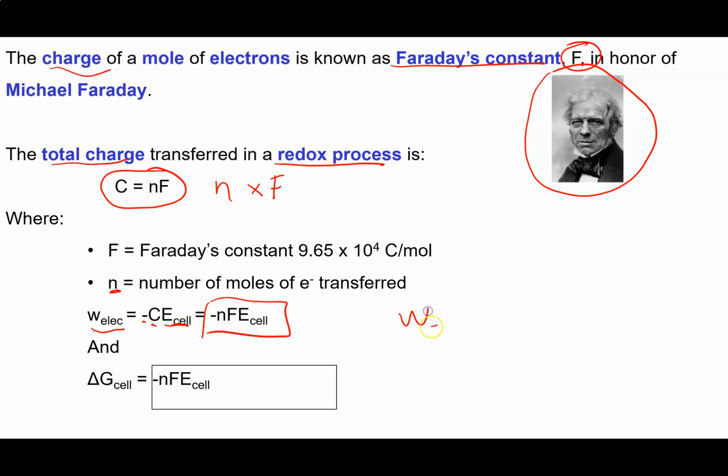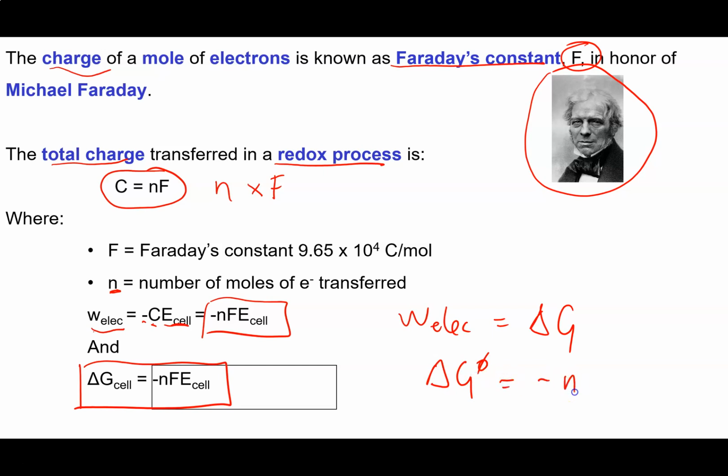Now, keeping in mind that the electrical work that is done is exactly the same as a delta G, then the important relationship here is that delta G cell is equal to minus nF E cell. So if we're at standard conditions, then this would be delta G naught of our cell is equal to minus nF E naught of our cell.